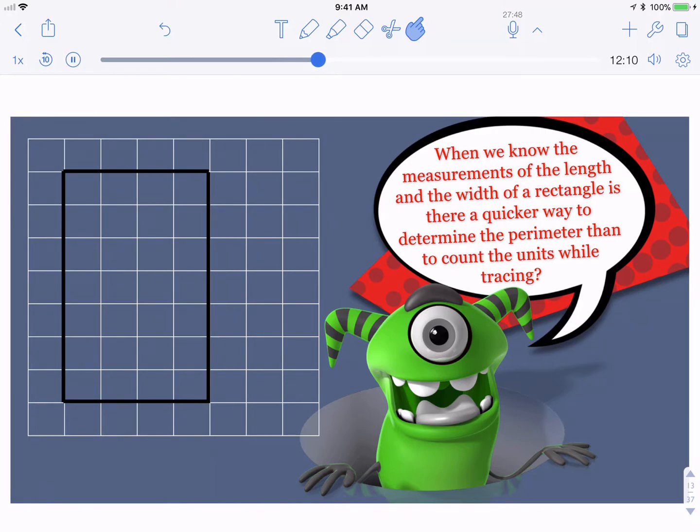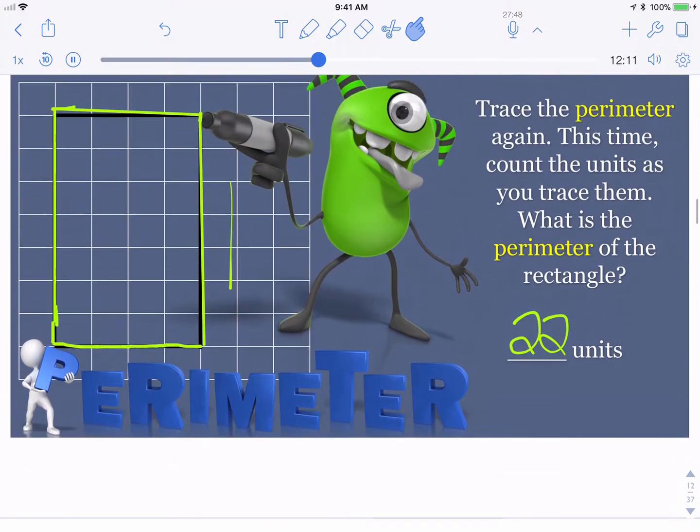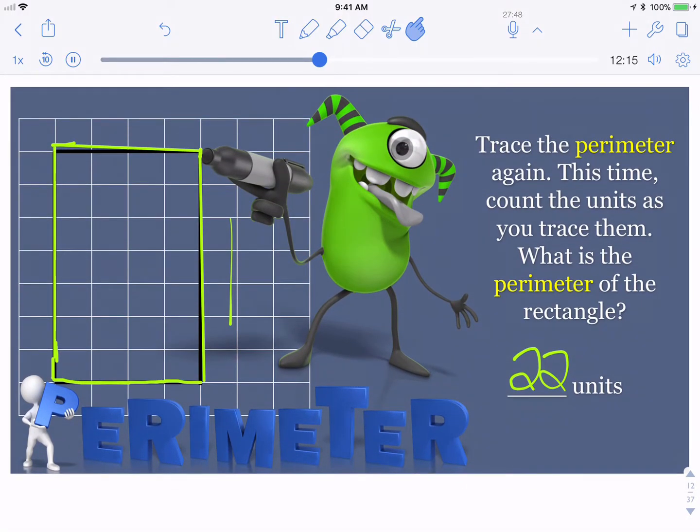So the perimeter of the rectangle is 22 units. 22.